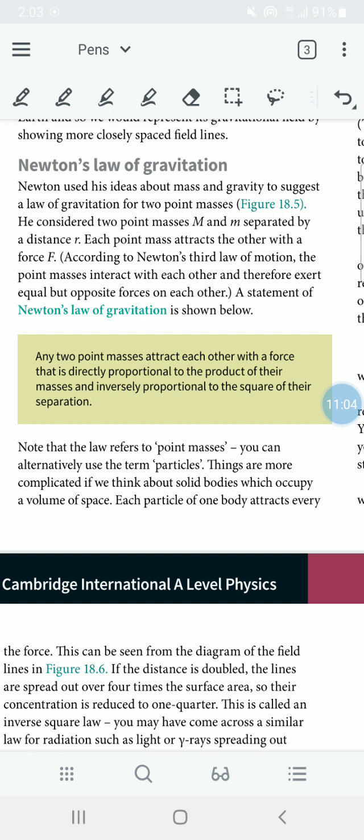When 2 point masses are considered, with masses capital M and simple m separated by a distance r, each point mass attracts the other with a force F, according to Newton's third law of motion.